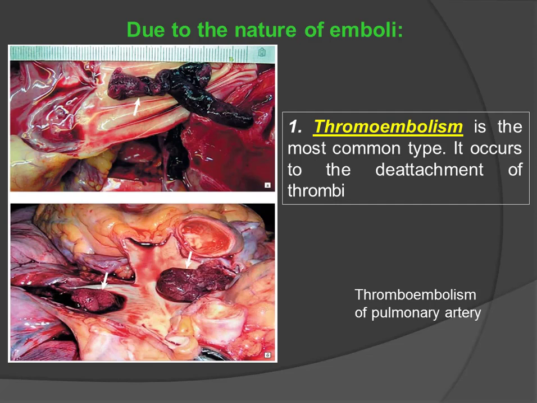The source of thrombi in pulmonary embolism is typically congested veins of the lower limbs and pelvic veins. The detached thrombus passes with the blood flow through the right side of the heart and falls into the pulmonary artery and its branches, resulting in obliteration of the lumen of the blood vessels.